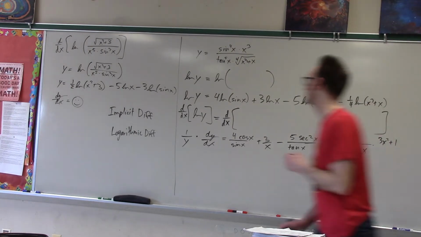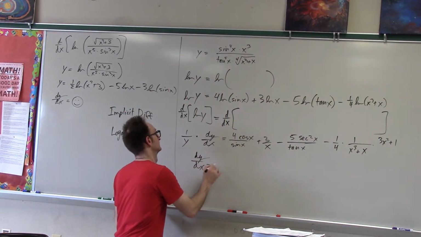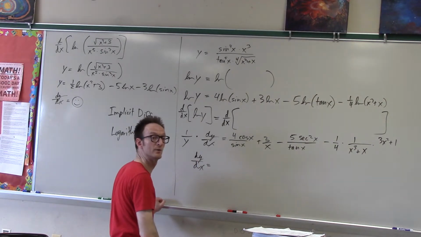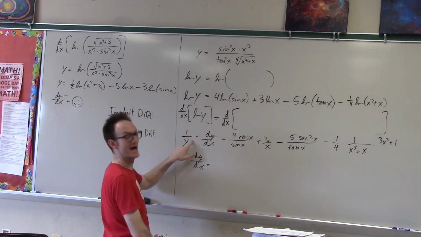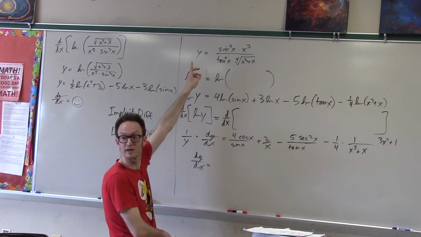Okay, so then the final answer is, what is the derivative of this thing? Sine to the fourth x times x cubed over 10. So then the derivative of this is going to be y times all that stuff. But y is the original thing again, right?